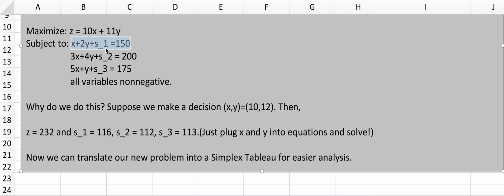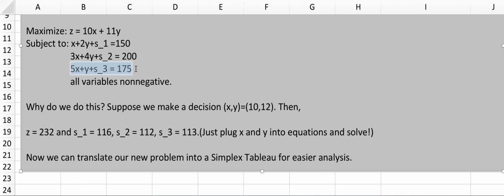We can do the same for the other slack variables. In the second equation, I plug in my 10 for x and 12 for y, I get 30 plus 48, that's 78. So taking that away from 200, I get 122. So if that's our decision, then 122 units of resource 2 have been unused. And to do the same for the last resource, again, plugging in 10 for x and 12 for y, I'm going to get 50 plus 12, so that's 62.